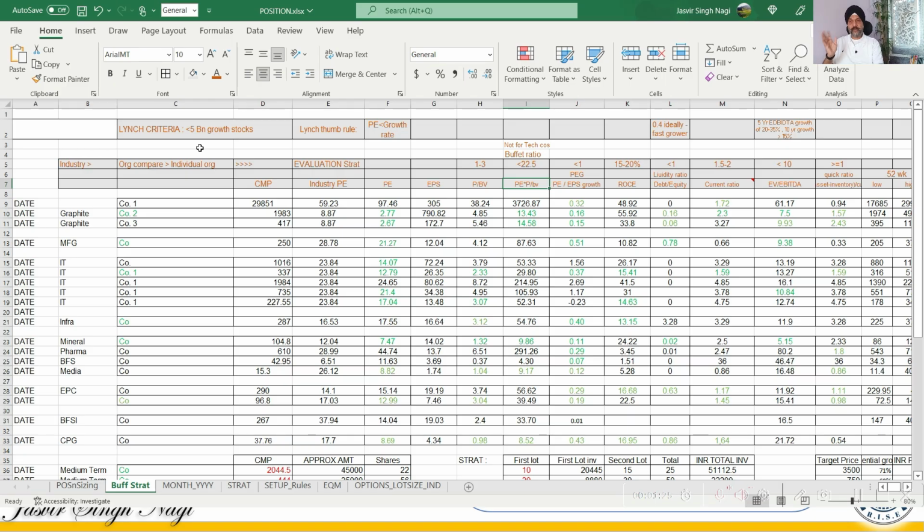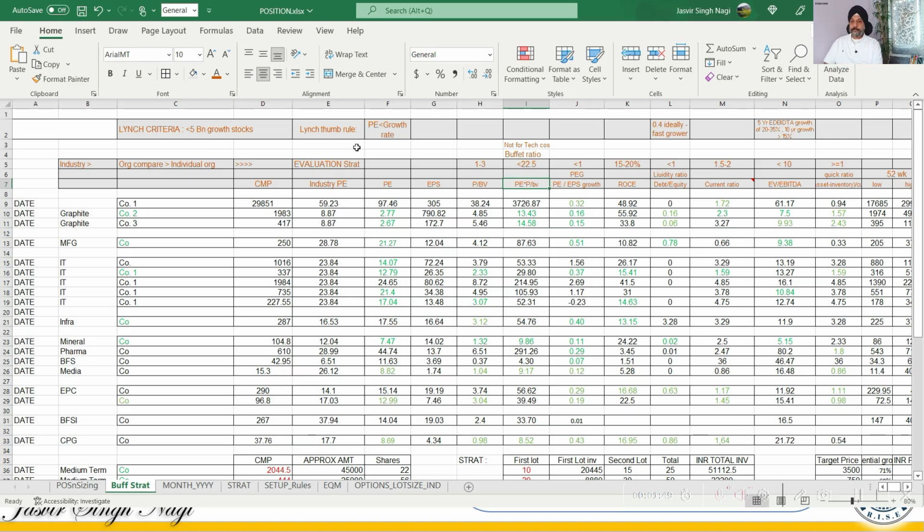Though $5 billion falls into the mid cap criteria also, I look at small caps sometimes, because of cyclical motion and various other factors. Some small companies can do much better in specific areas like chemicals or supply chain. So sometimes I choose them, and at that time you have to overlook this criteria.